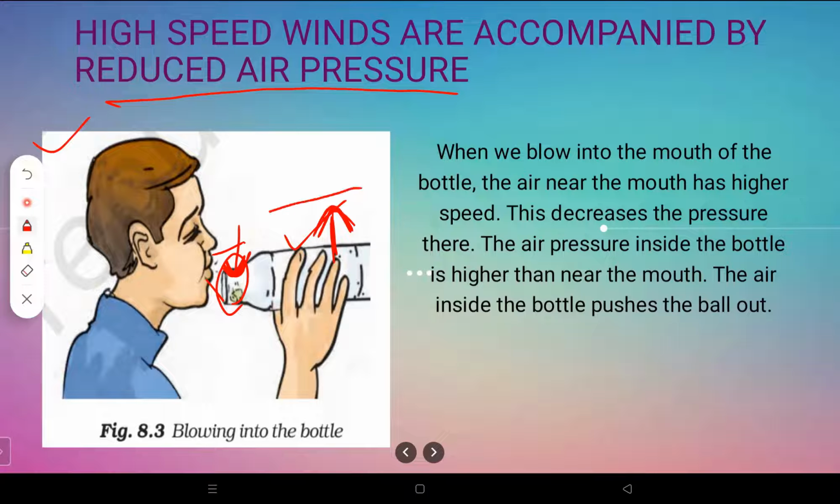Don't you think the pressure will push this ball in the outward direction? It will not let the crumpled ball of paper be inside the bottle. Yes. So we can say that it would be difficult to blow this into the bottle. Yes. Right? Do you understand? Yeah. Okay.